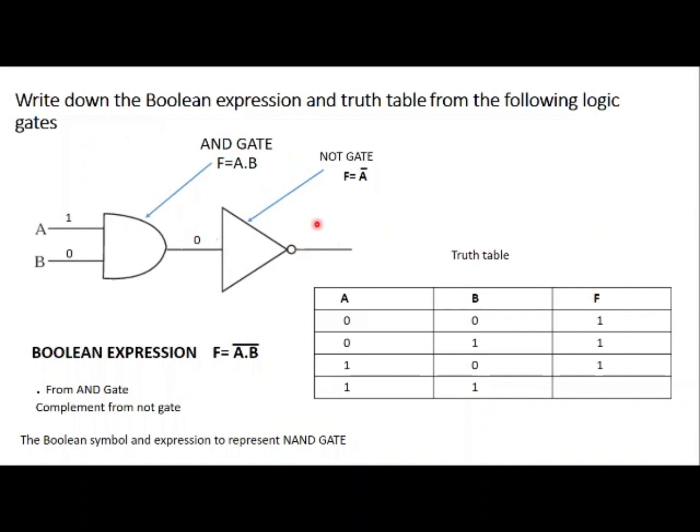And then when it goes through the NOT gate, it would be the complement. Complement of 0 would be 1. So here 1. Then 1 and 1. According to the AND gate, when all the inputs are 1, we will get the output as 1. And the opposite of 1 is 0, because there is a NOT gate. So this would be the truth table for this logic gate, and this is the Boolean expression for this logic gate.